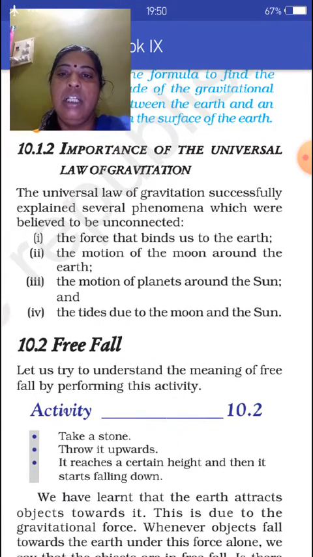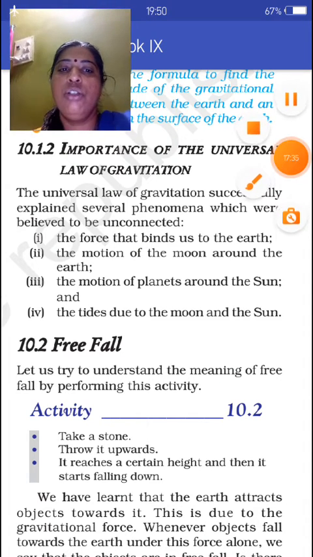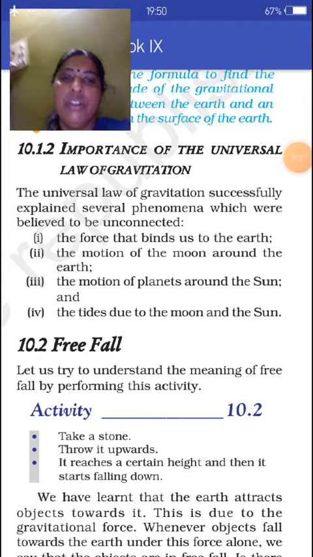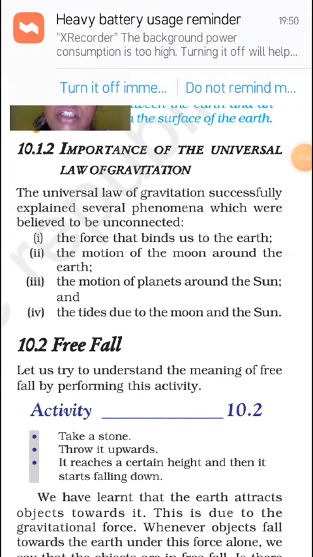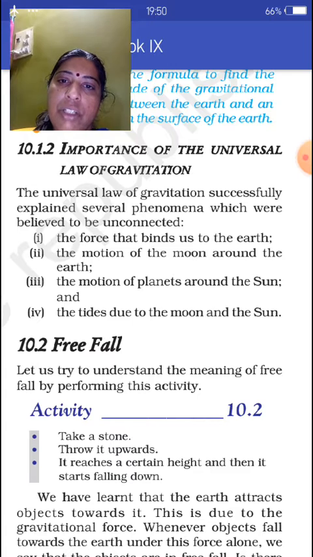Okay, then 10.1.2, importance of the universal law of gravitation. What is the importance of this universal law? The universal law of gravitation successfully explained several phenomena which were believed to be unconnected. First, the force that binds us to the earth.